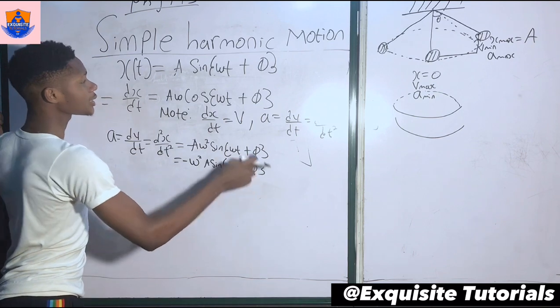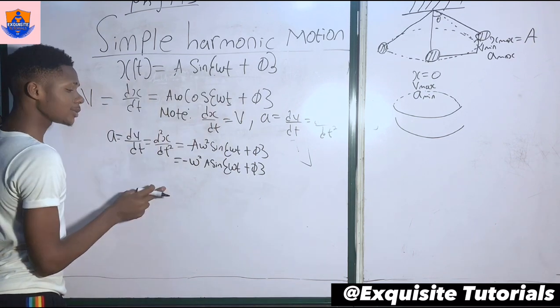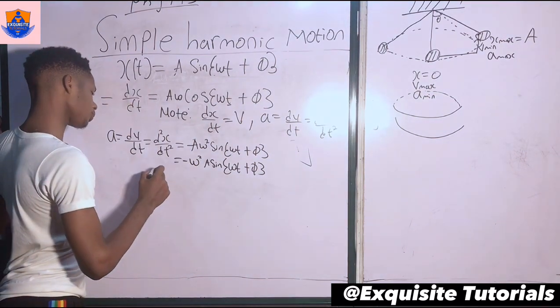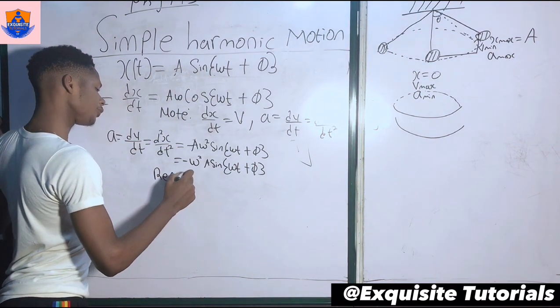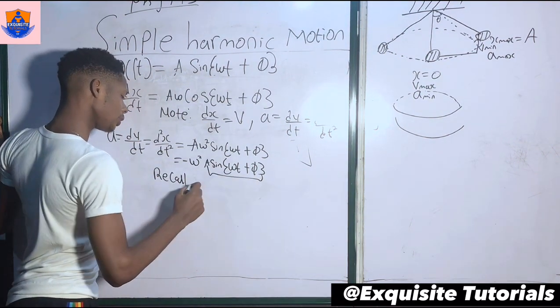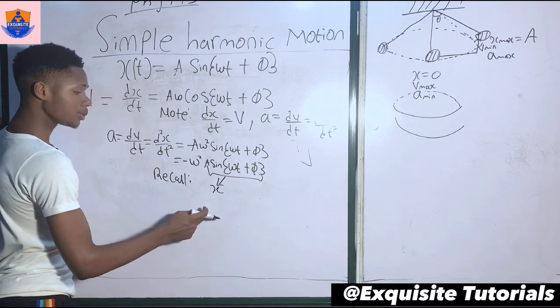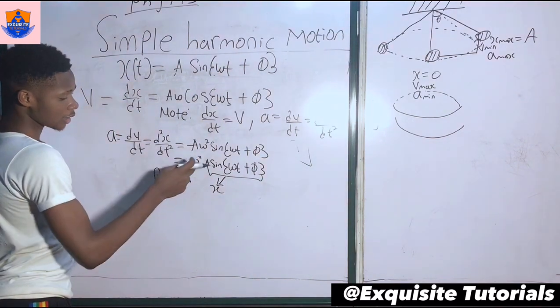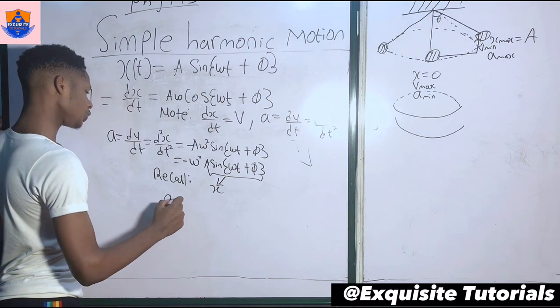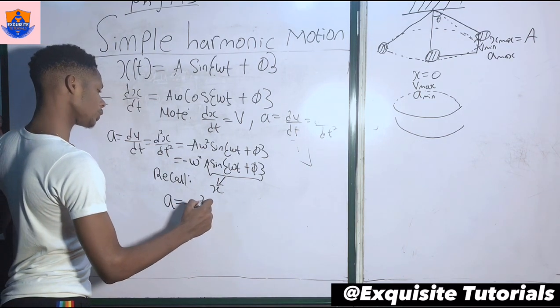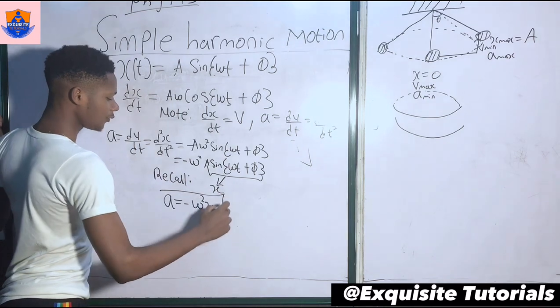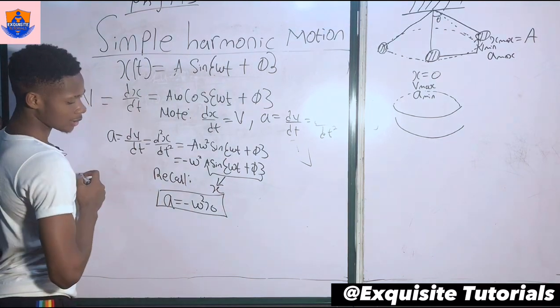Now a sine omega t plus phi is what we term displacement. So substituting back into that expression on the board, acceleration equals minus omega squared x. This is the formula for calculating acceleration.